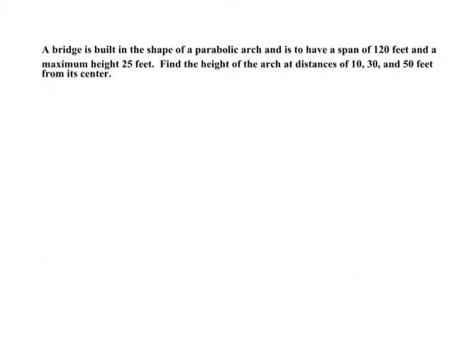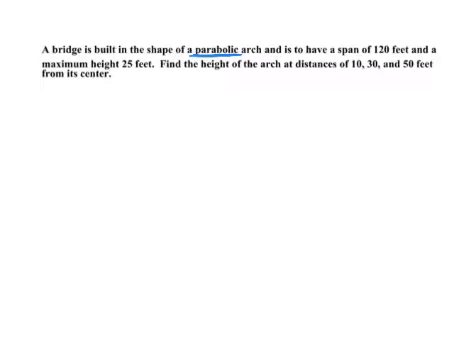This next problem is another parabola problem. So let's read it together. A bridge is built in the shape of a parabolic arch, and it is to have a span of 120 feet and a maximum height of 25 feet. Find the height of the arch at distances of 10, 30, and 50 feet from its center, which in this case, the center is going to be its vertex.